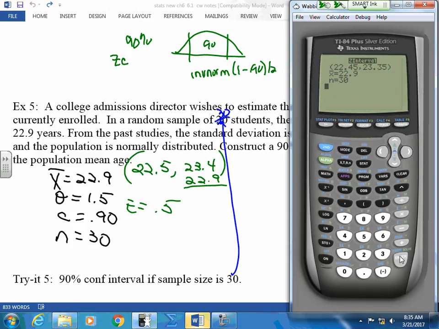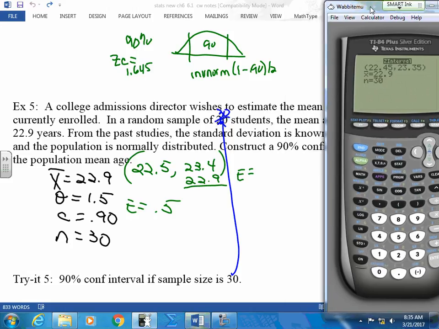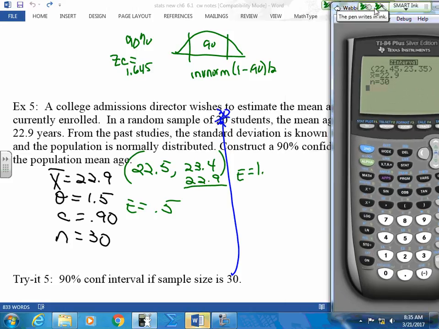When I do that, I find my ZC to be 1.645. If you round to 1.64, I'm okay with that. There's 2 that go 3 decimals. You don't have to do it that way. So my margin of error says take my 1.645, take my standard deviation, divided by my square root of n.